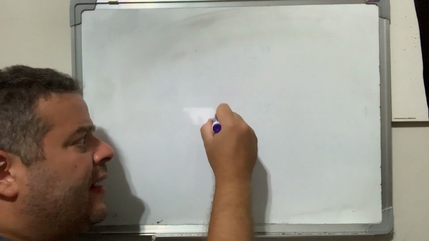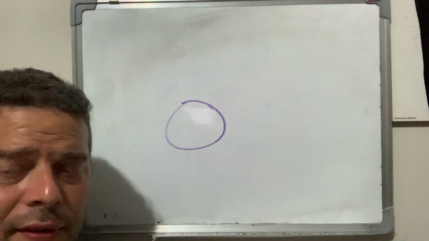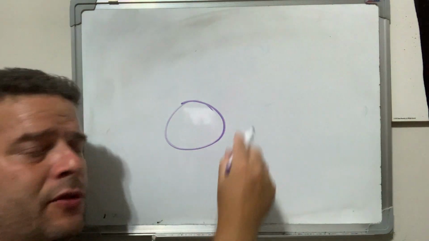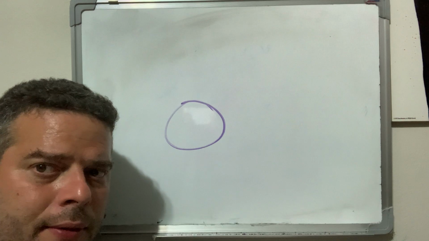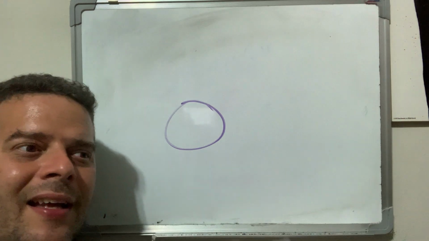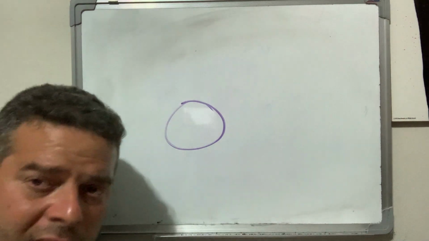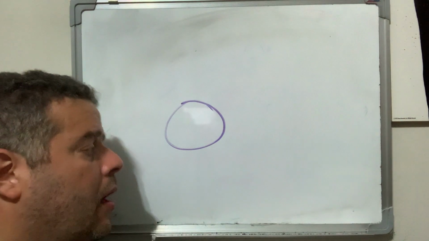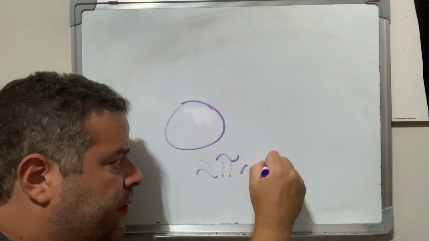Now, the only thing you really need to know right now, we're going to go into radians in more detail later on, is that in an entire circle, no matter the size, doesn't matter if the radius is 1 inch or 5 billion kilometers, because it's a ratio or relationship, the circumference of any circle will always be 2 pi radians.